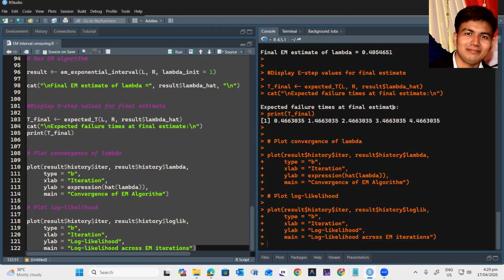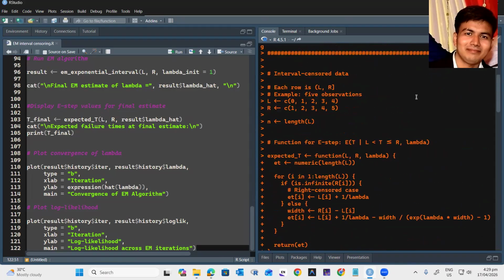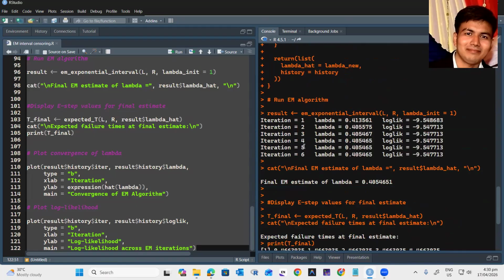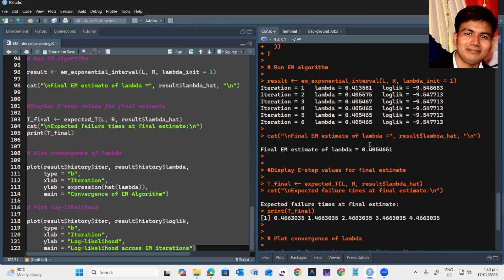Now we will run it and check what the output is. So first we run the entire code here, and we find that after the sixth iteration we got the convergence. Okay, the sixth iteration we got the convergence. We were getting exact convergence in the fourth iteration only.